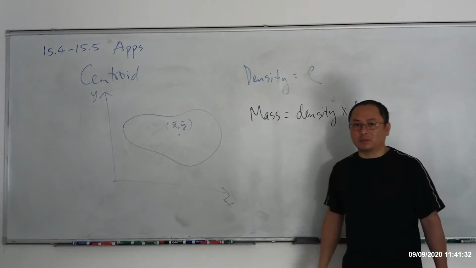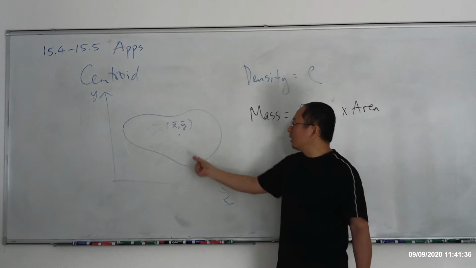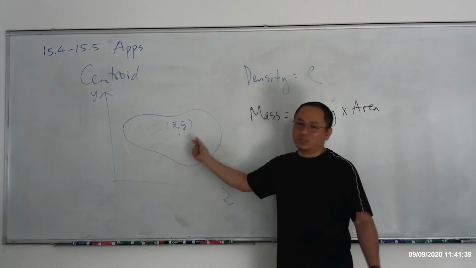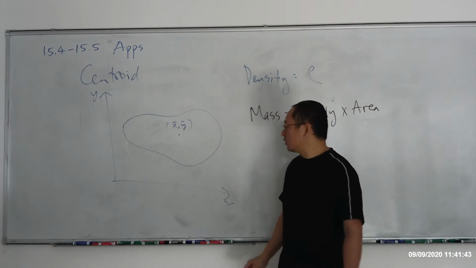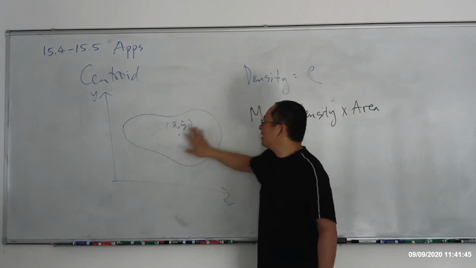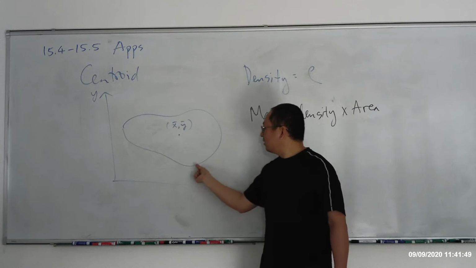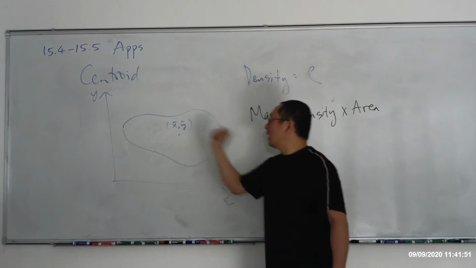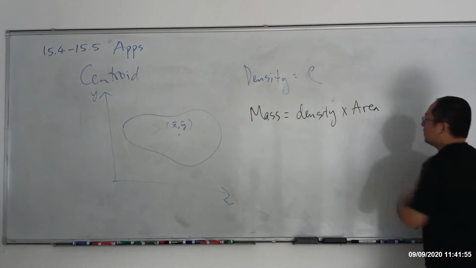So you have the mass. It's the same idea, but with one more dimension. In here we only talk about a two-dimensional object, which doesn't happen in real life, since everything in real life is three-dimensional. But imagine that the plate is very, very thin, so there's no thickness in here. We only have two dimensions, x and y. That's it. So density times the area.